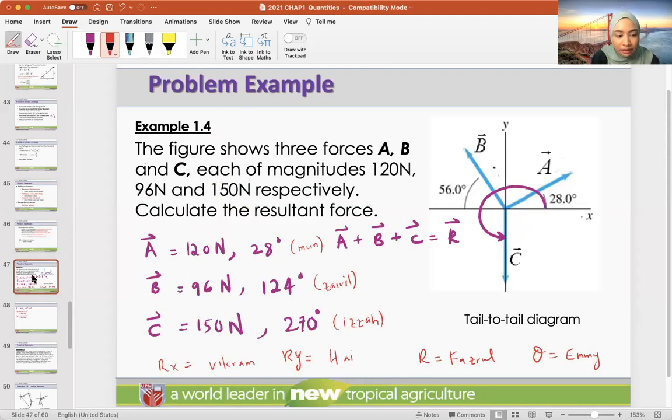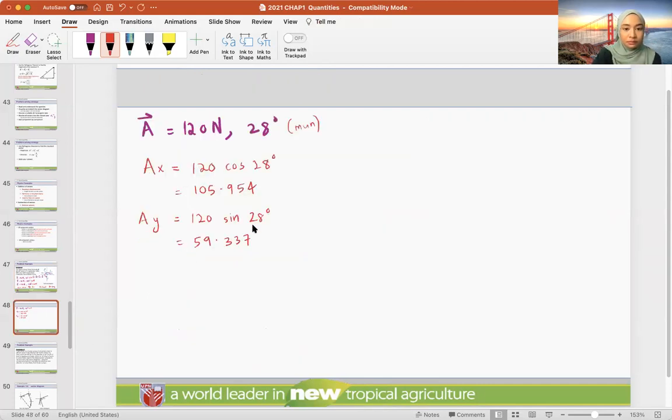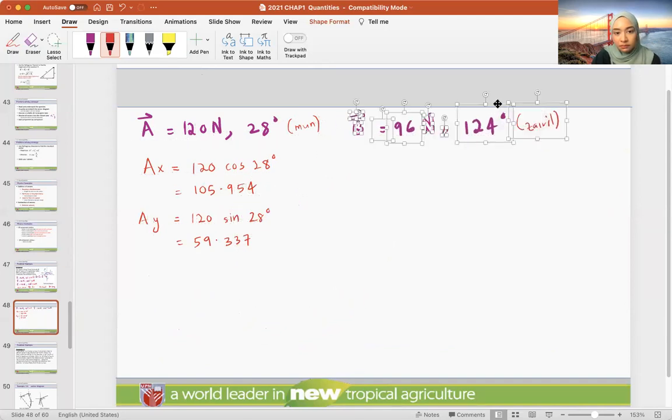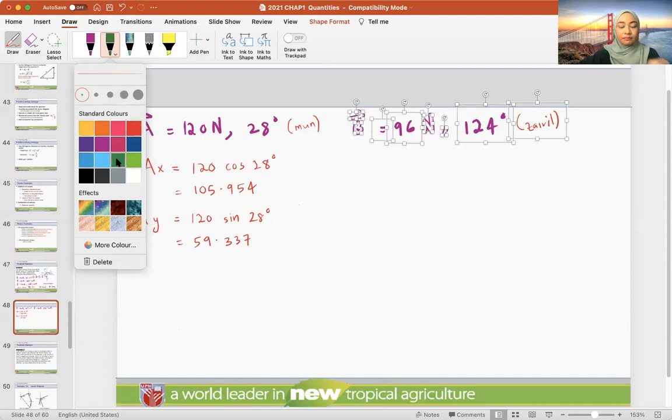Betul. Zyril. 96. Hello. Miss, Zaira kata dia punya line tu teruk sikit.